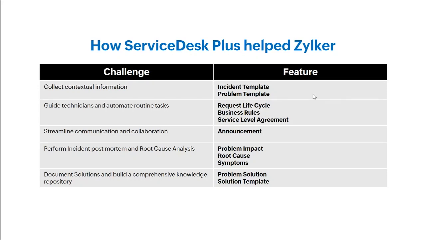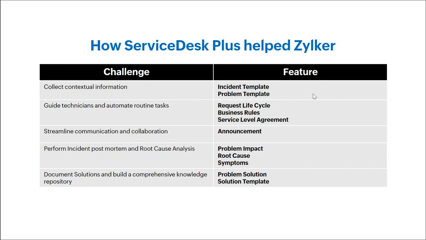What if we have a problem template which analyzes the root cause of the reported incident with the help of impact and the symptoms observed for the reported incident? So here we have the problem template. We will be able to analyze the root cause with the help of symptoms and the impact so that we would find the permanent fix for the reported issue.